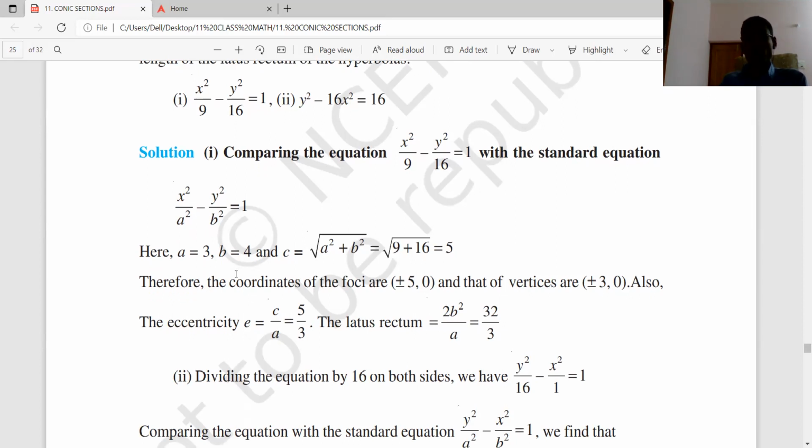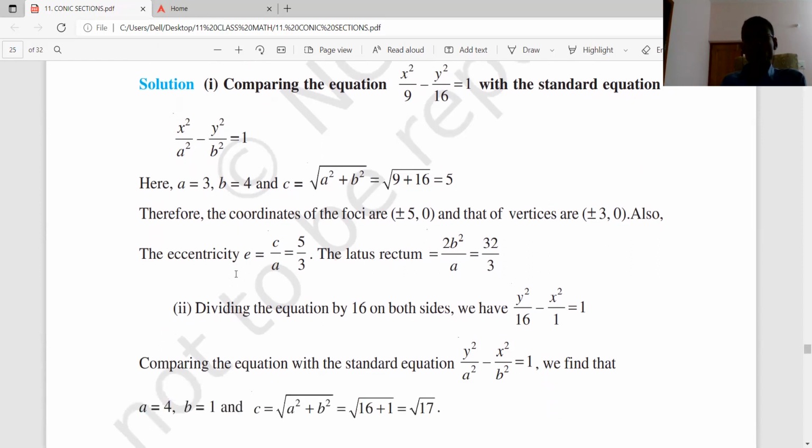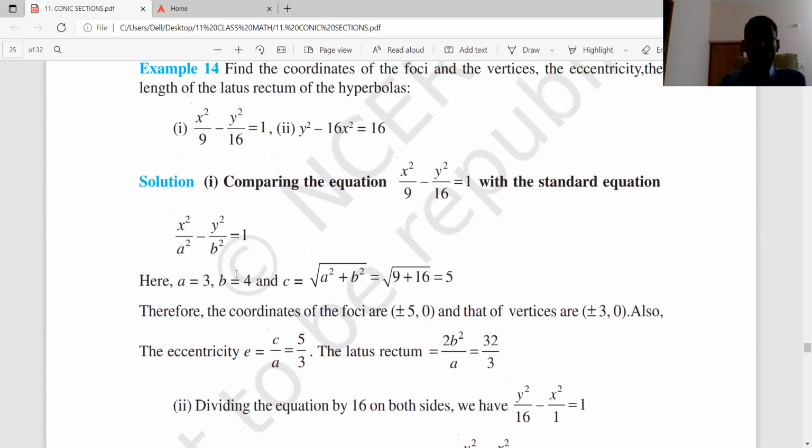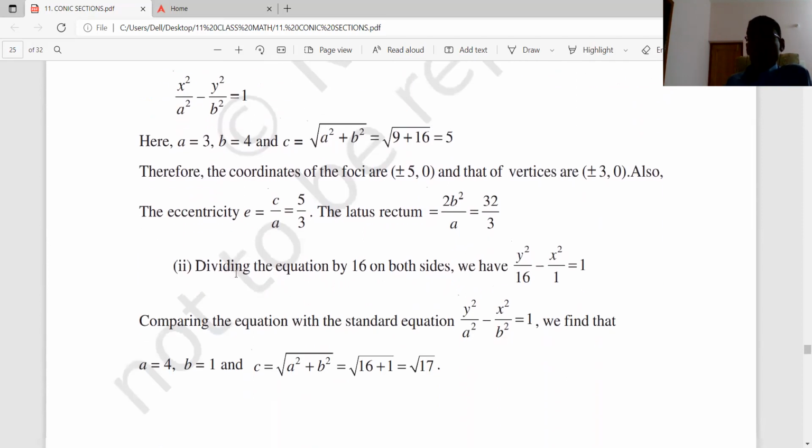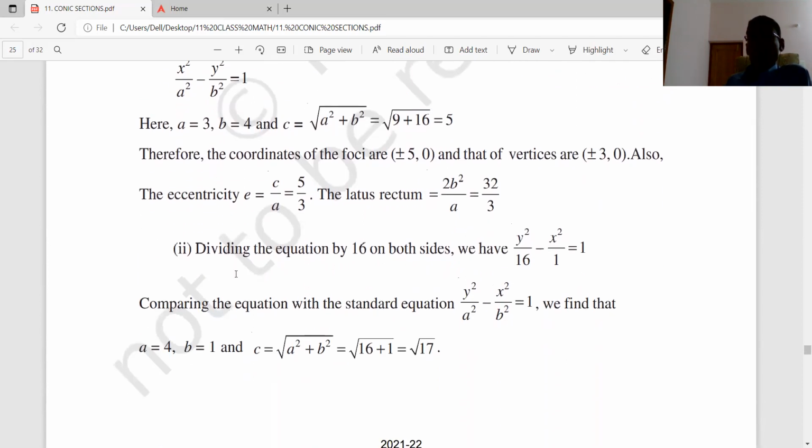Now, the coordinate axis of the foci we know, and what is this? Foci is plus or minus c, 0, what is a, 0. Eccentricity c by a you know anyway. Latus rectum is written as 2b square by a, that also. Second equation: if you divide by 16, y square by 16 minus x square by 1.